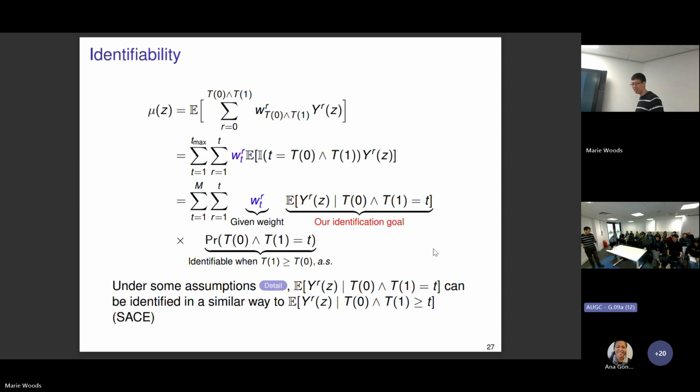I'm happy to go into more detail if people are interested. But the high-level idea is that we can identify this estimate in a very similar way to the survival average causal effect. Here we look at whether your minimal survival time equals T, and the survival average causal effect says you will always survive at time T, which means your minimal survival time is greater than or equal to T. So this is a subtle difference. They are not exactly the same, but they can be identified in a very similar way.